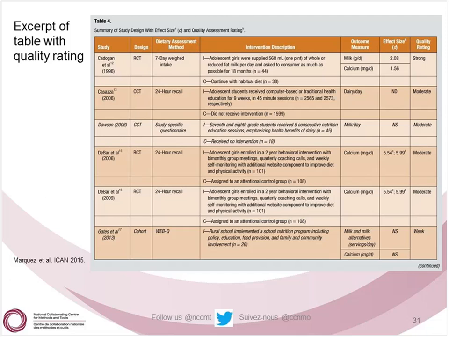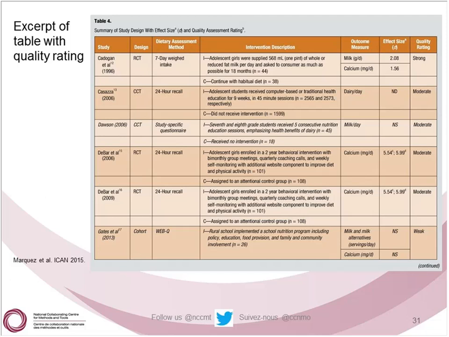The table presented here is just an excerpt of some of the studies, and the quality assessment is provided there. On the very right side, you can see our quality rating, whether it was strong, moderate, or weak. Overall, a majority of our interventions scored as moderate, followed by 5 which were weak, and the remaining 4 which were strong.